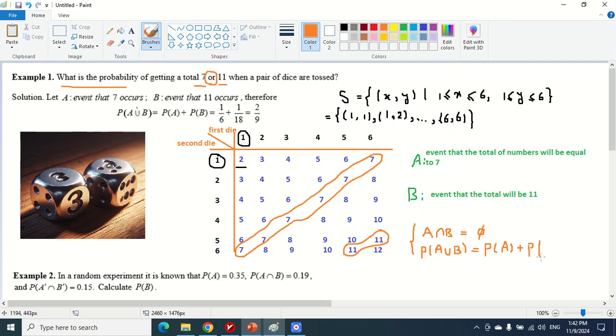In the question they ask you to find the probability of getting a total of 7 or 11. That's the key.